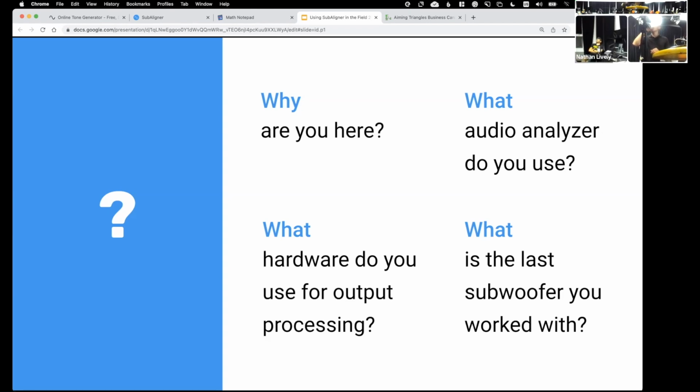We have the old Meyer, I don't remember the model, but those big boxes. 650? 750? Oh, the 750 is newer. Oh, is that the newer one? There's a 700. Yeah, 750. Okay. And in the other venue, we have QSC K112. Cool.